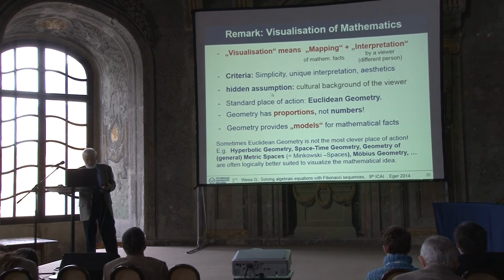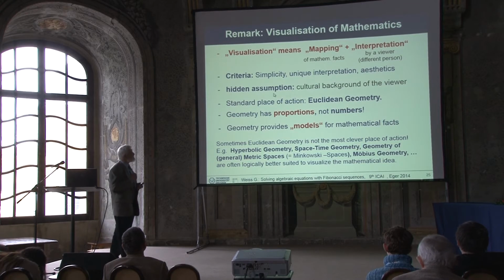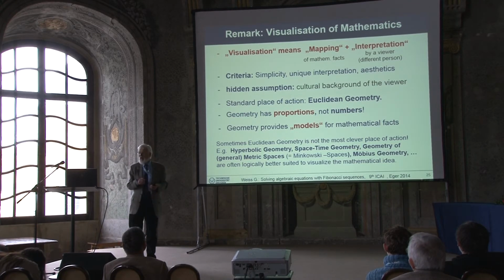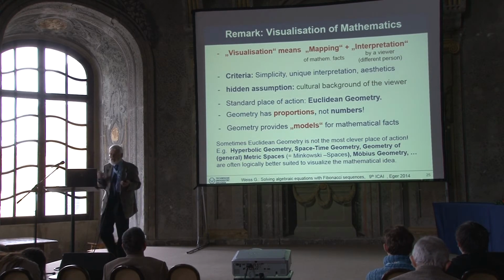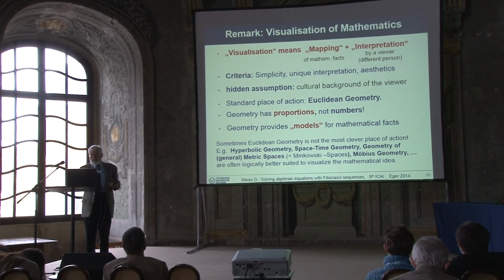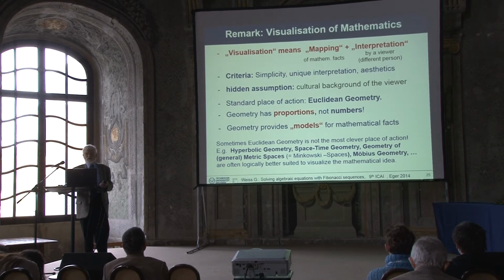There are many hidden assumptions coming from the cultural background of the viewer and of the man or the woman who made the visualization. The standard place of action again is Euclidean geometry, and again geometry has proportions, not numbers. Geometry provides models for mathematical facts.